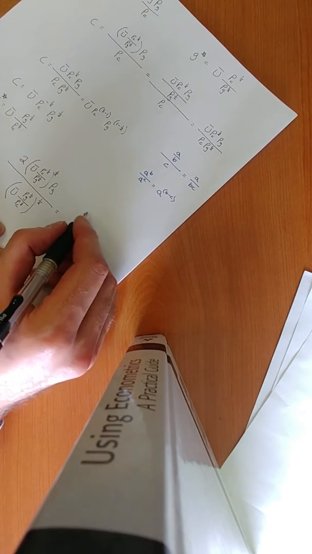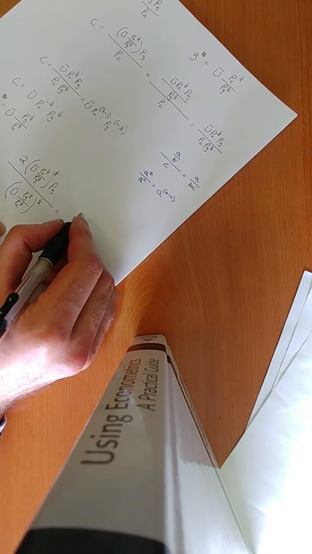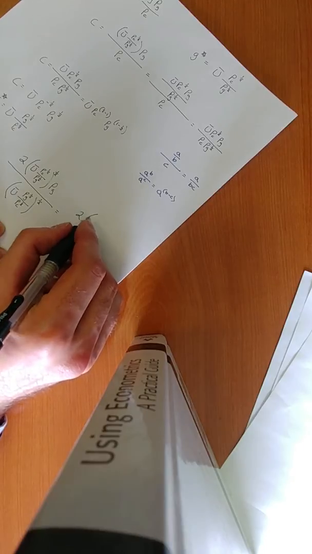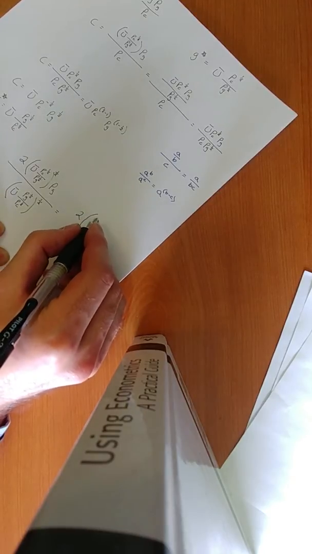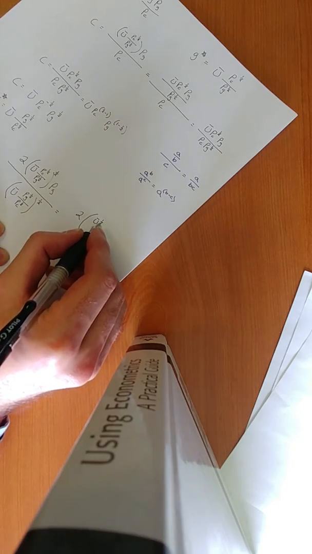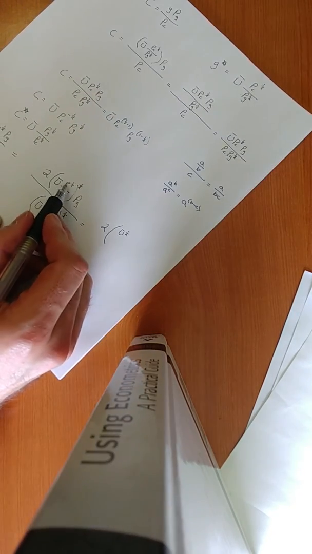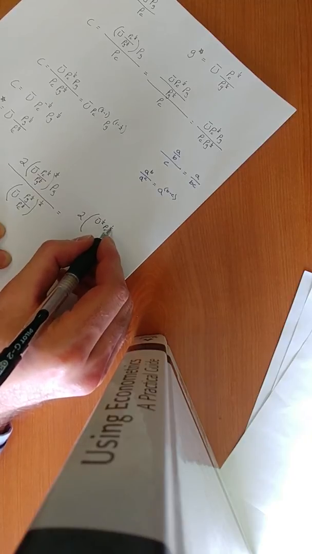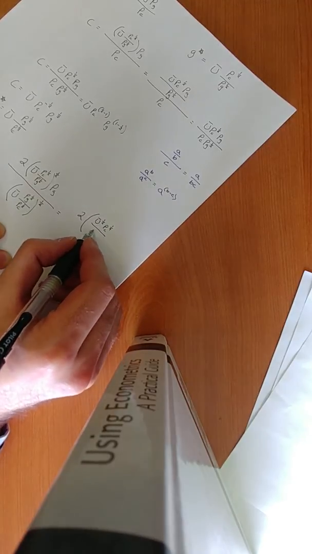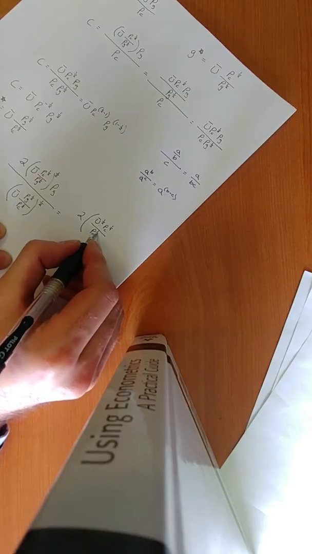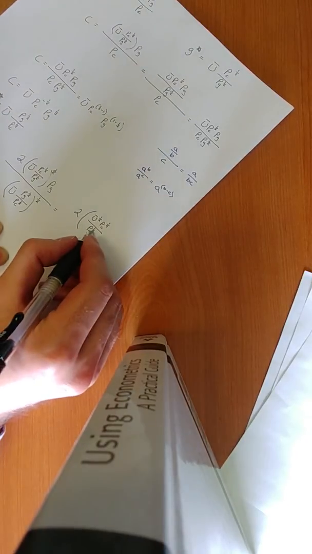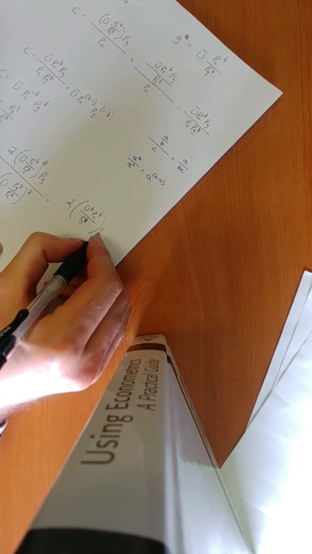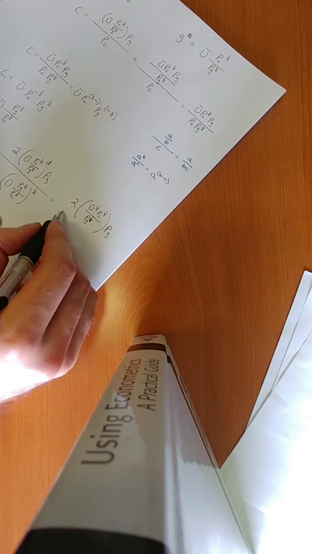So let's do that first. U bar, raise this to the 1/2. I'm also going to bring the U bar up. Oh, this is a 1/4. Okay, PG.